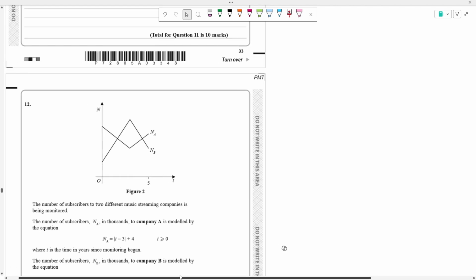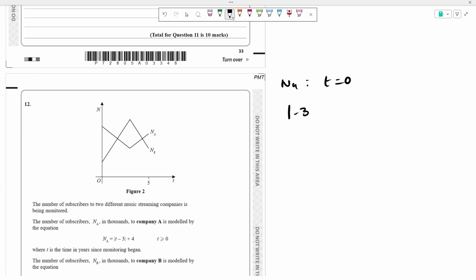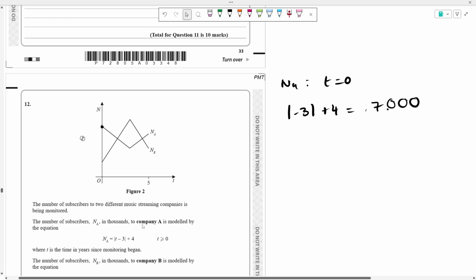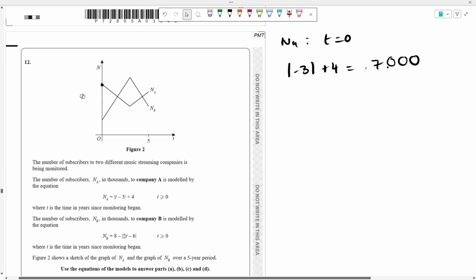So for NA, when time is equal to 0, we're just going to put t equals 0 into this equation here. And we essentially get the modulus of minus 3 plus 4. That's going to be 3 plus 4, which is going to be 7. So we have 7,000 originally here, because remember, it's being measured in thousands. Similarly, for NB, we're going to sub in t is equal to 0.